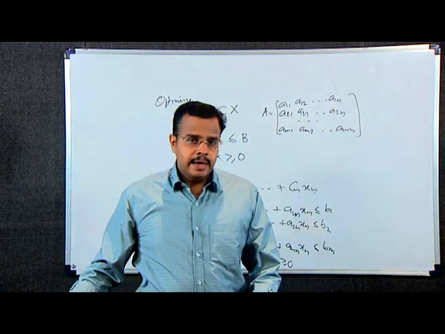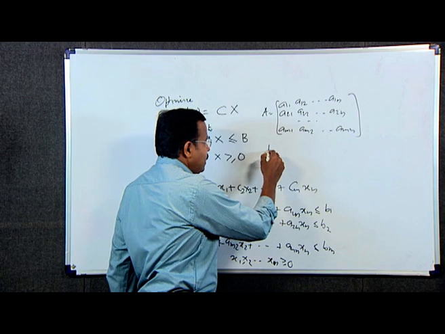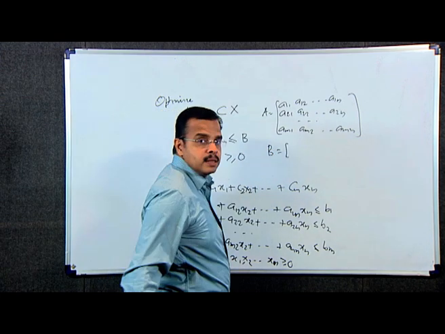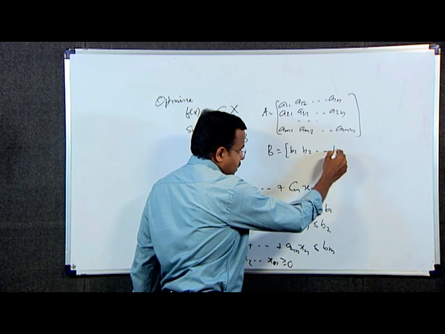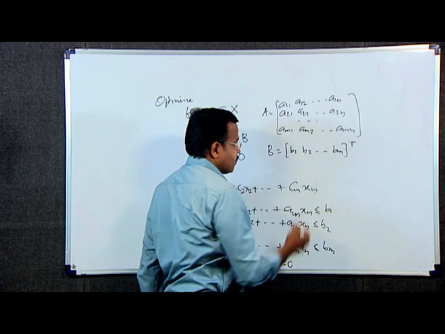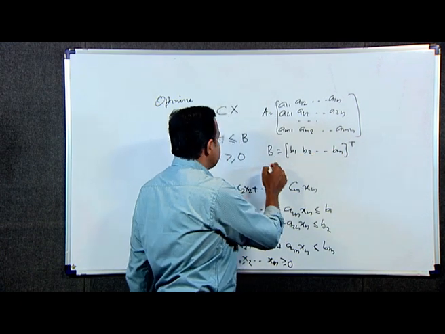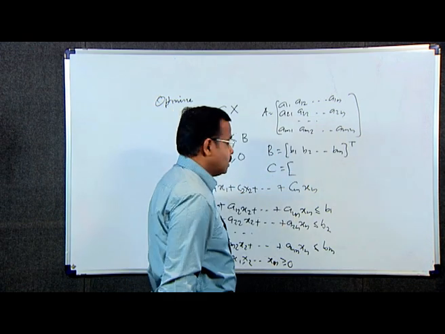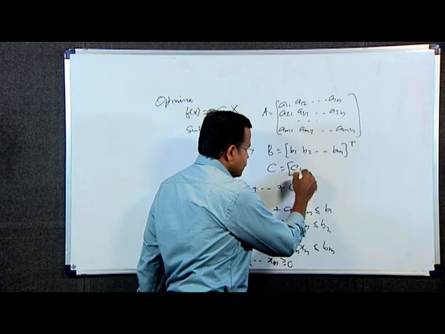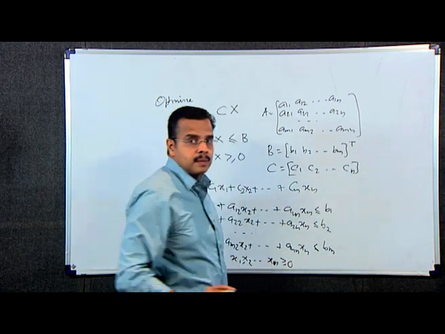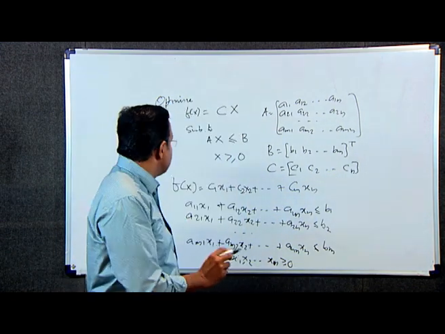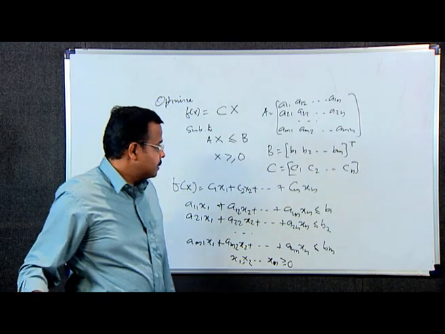This is the matrix A, and b equal to the column matrix b1, b2 etc. bm, and c equal to the row matrix c1, c2 etc. cn.